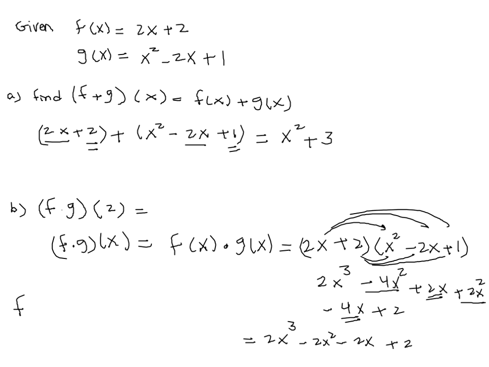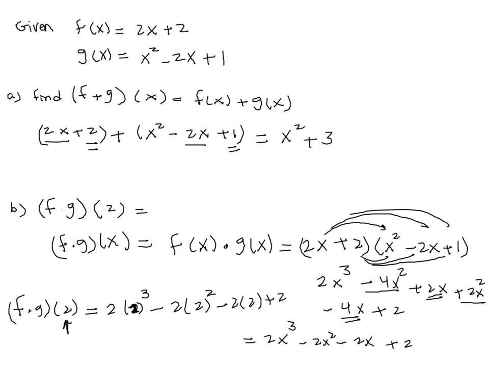But we want to know what f times g of 2 is. So if I substitute 2 for each x here, then I can find this. You just simply plug in, for each x you substitute this value here.